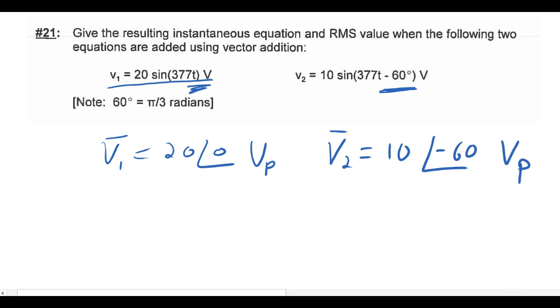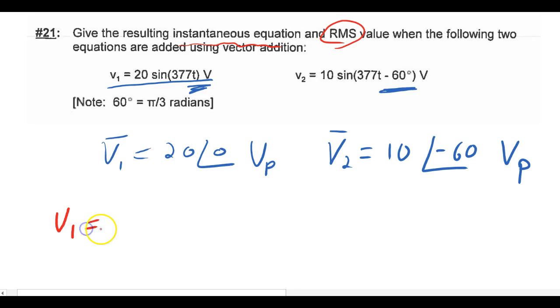peak. Now, remember that we are asked to find the instantaneous equation and the RMS value. So we can convert these vectors to RMS before we start, or we can complete the addition using the peak values of 20 and 10 respectively. So here, we will calculate the RMS values of V1 and V2.